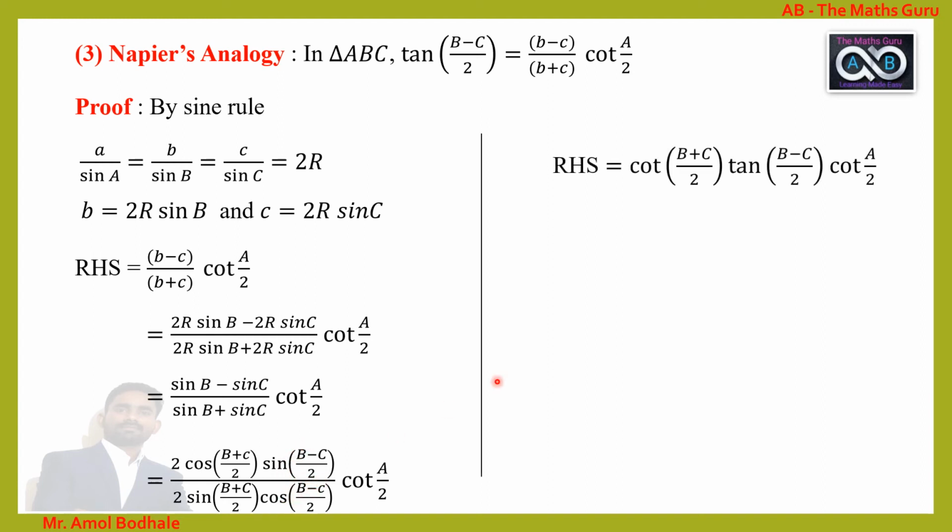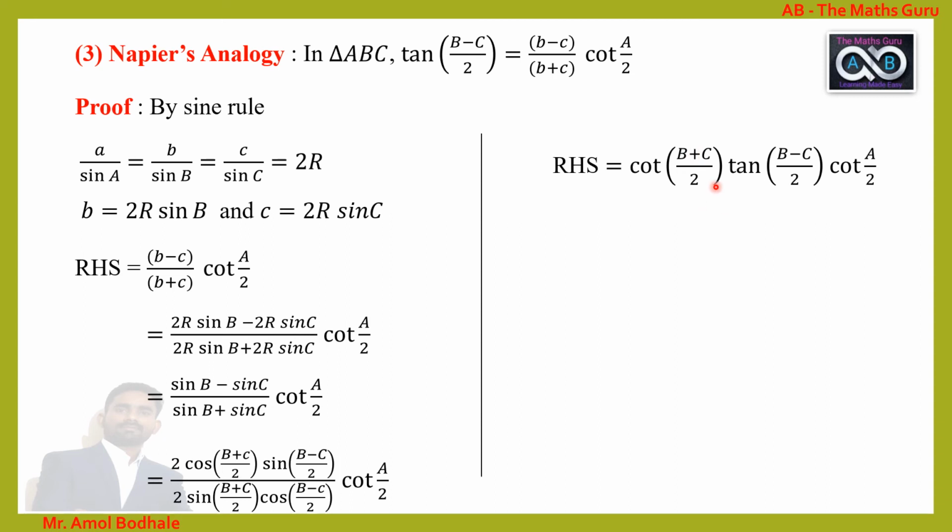So therefore, cos of B plus C upon 2 upon sin of B plus C upon 2 can be written as cot. Sin B minus C upon 2 upon cos B minus C upon 2 can be written as tan, and this cot of A by 2 as it is. As here capital A, B, C are angles of triangle, so we know A plus B plus C is pi.